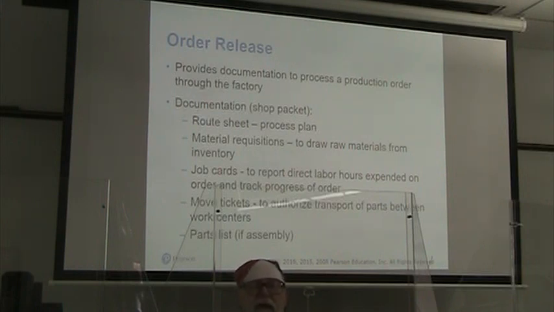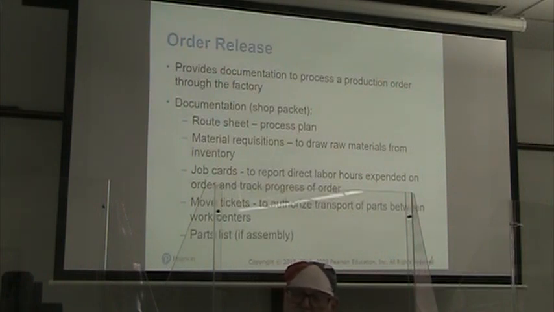So in a shop packet, you'll have a route sheet, that's the process plan, what order of operations on what machines, etc. The material requisitions, so we draw the raw materials from the inventory.